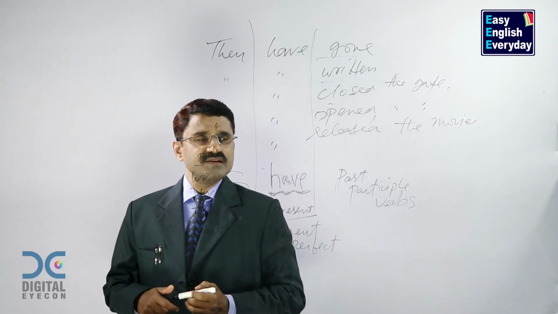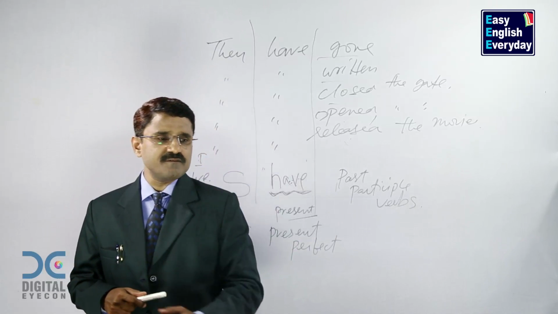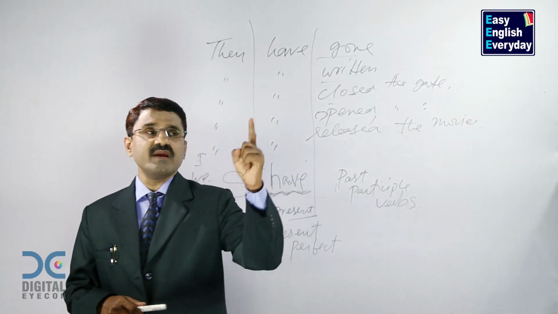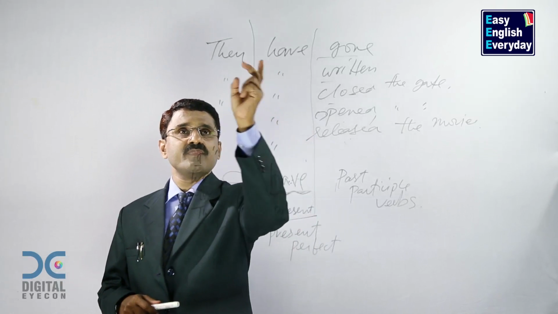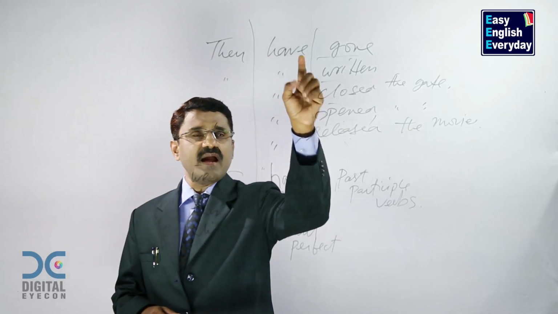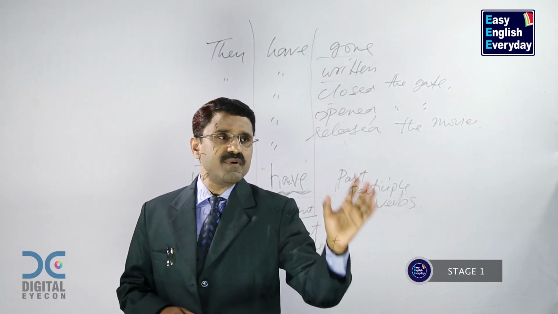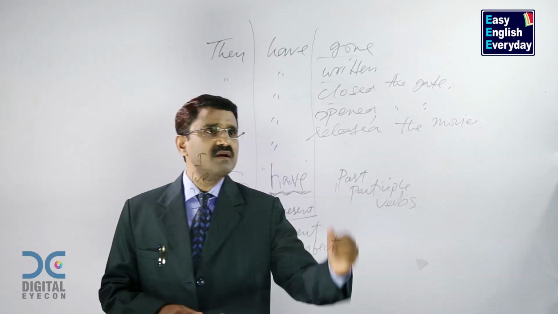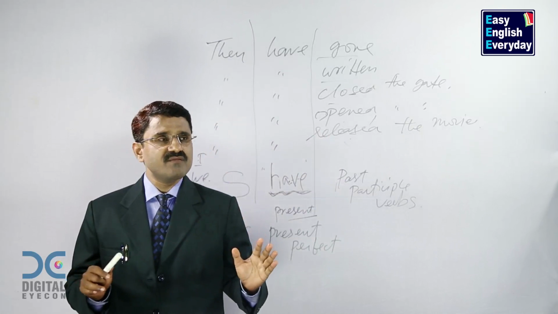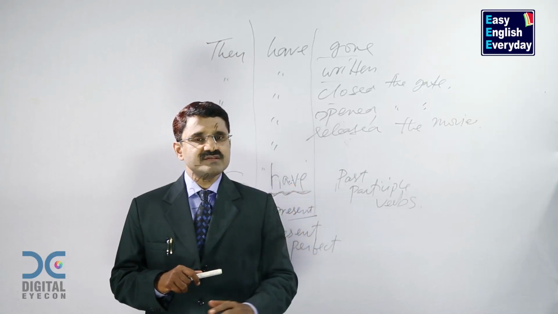It is not necessary for you to remember the terminology. Your job is how to make a sentence with have. Take any one of these 5 persons, keep have in the middle, keep on adding as many past participles as possible, and you can make sentences. They have gone, they have written, they have closed, they have opened, they have released the movies.